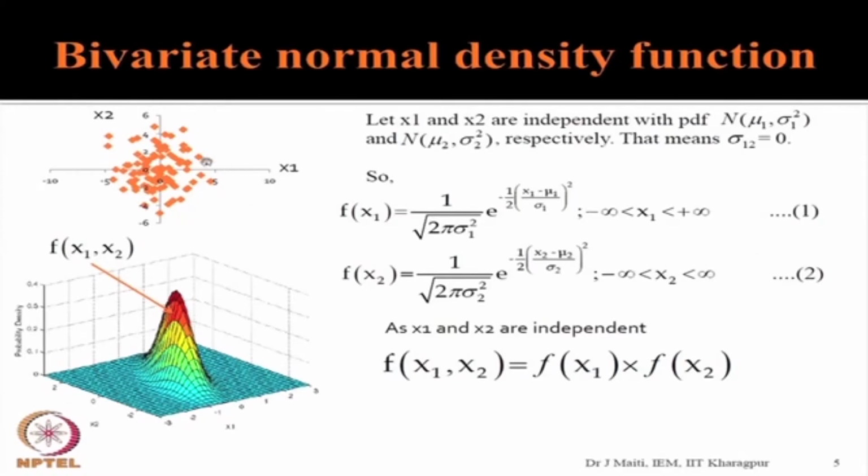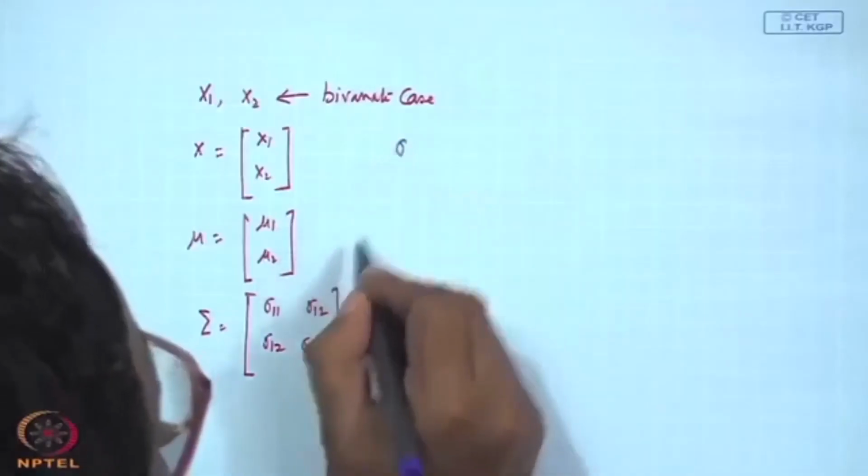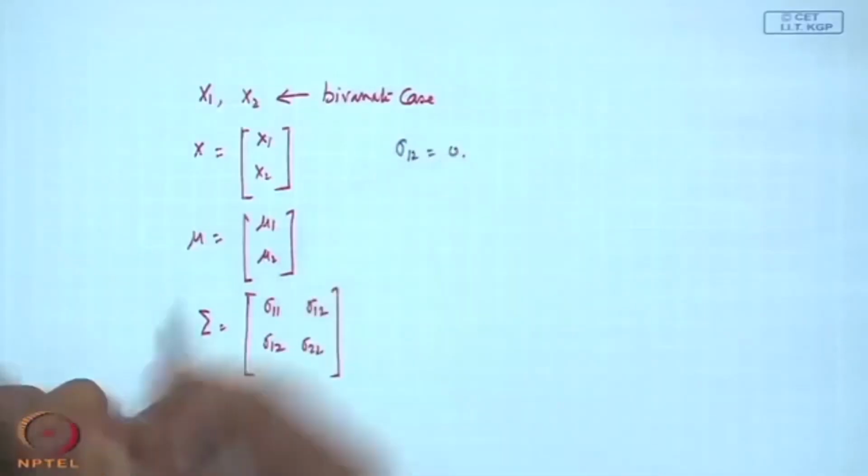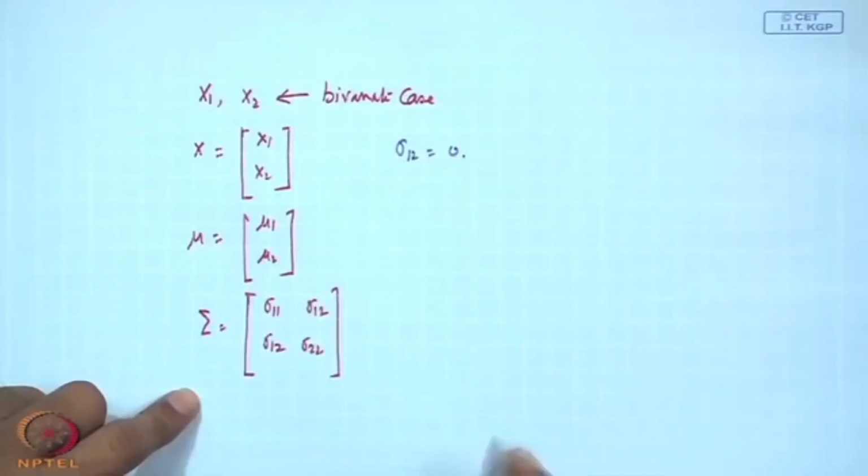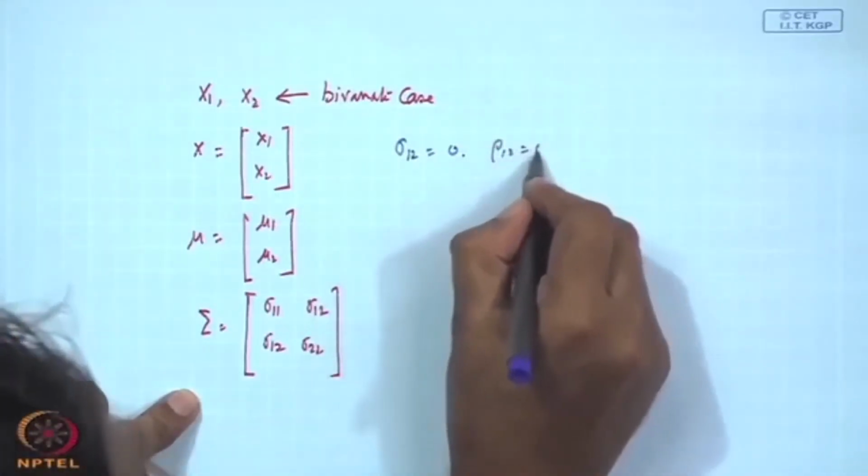Is it something like a circle you are getting or an ellipse? There is no pattern. So, you see that it is an ellipse type of thing, but there is no correlation. So, we want to simplify our derivation without correlation. That means sigma 1 2 is 0, or rho 1 2 is 0.